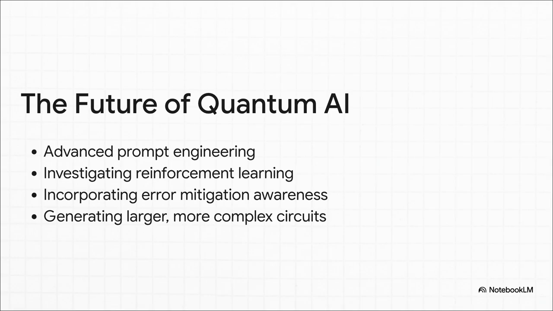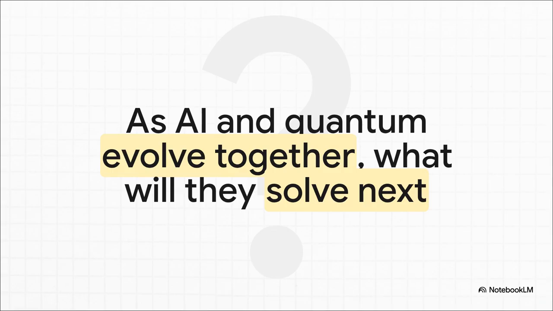I mean, imagine an AI that knows the specific error profile of a specific quantum chip and optimizes circuits just for that chip. The end goal, of course, is to scale this whole thing up to tackle much bigger, real-world problems.